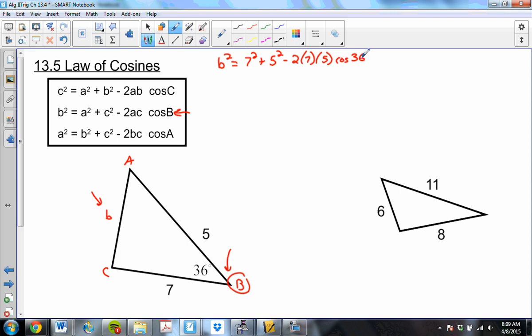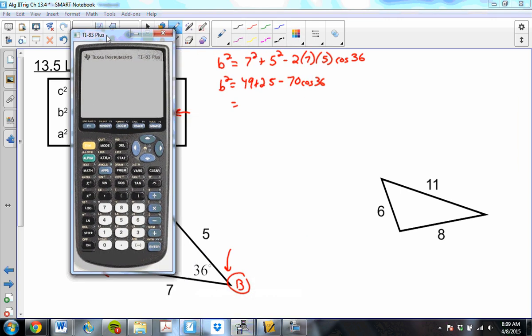I'm just going to solve this for B squared. So now I have B squared equals 49 plus 25 minus 70 times the cosine of 36, and I'll just calculate all that now. So B squared equals 17.36.